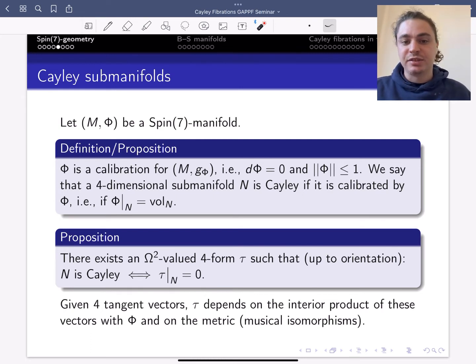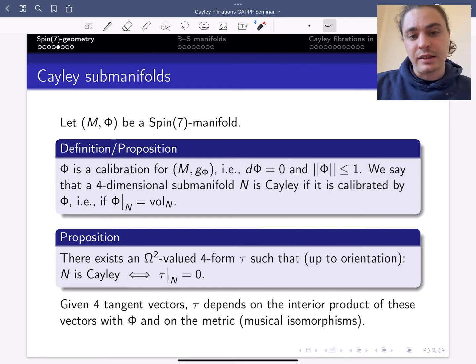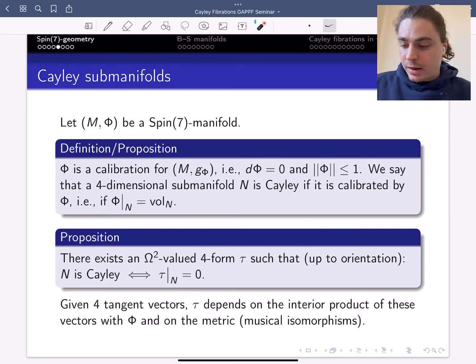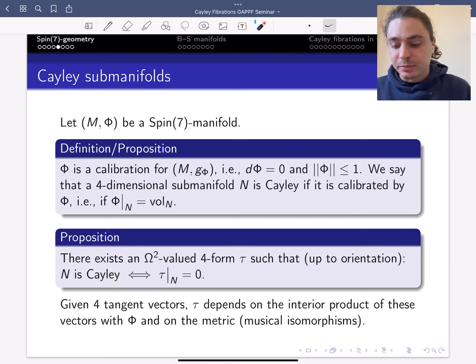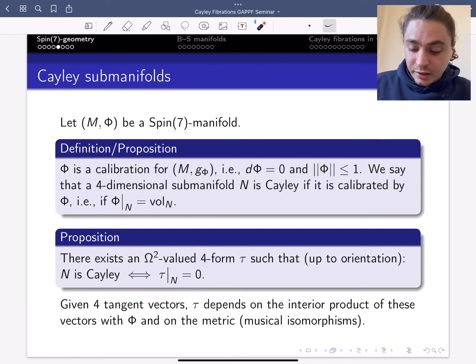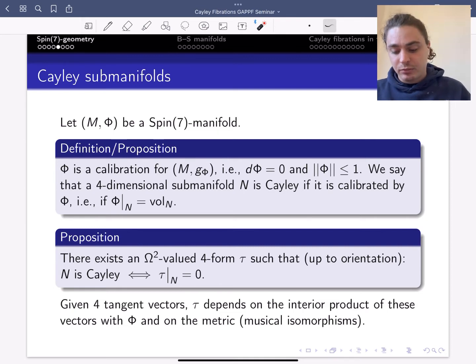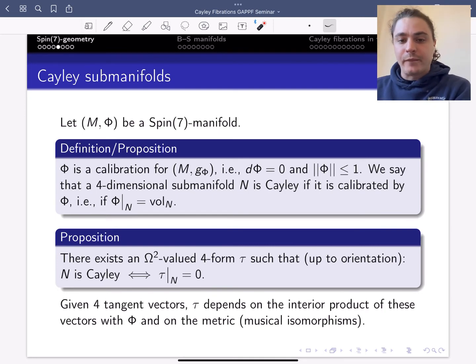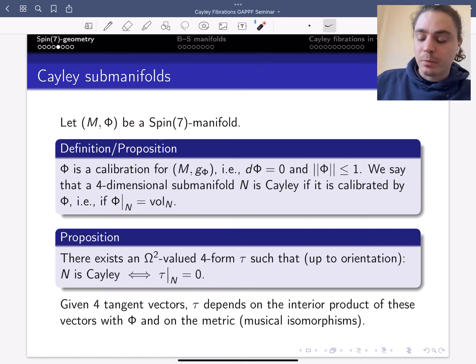So the metric induced by the Spin(7) structure is such that the comass of phi is less than or equal to 1. Now, a four-dimensional submanifold N is said to be Cayley if it is calibrated by phi, which means that when we restrict phi to N, we get the volume form of N. So this is just a rephrasing of the calibrated geometry condition that we stated just one slide ago.